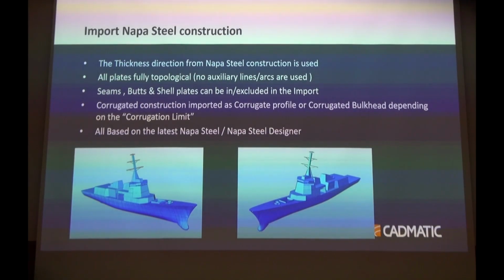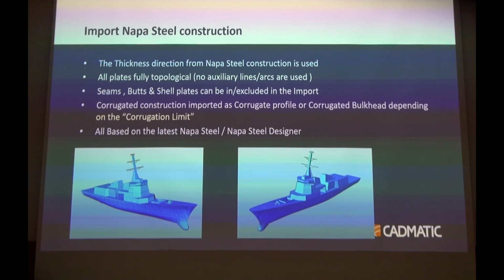Import Napa steel construction. We already have seen it a little bit today. The developments on the CADMATIC side: if we import Napa steel, the thickness direction from Napa steel construction is used nowadays. All plates are fully topological, so if there are certain parallel distances used in Napa steel or offsets to surfaces, they will be created as parallel distances in CADMATIC, so no auxiliary lines or arcs are used.